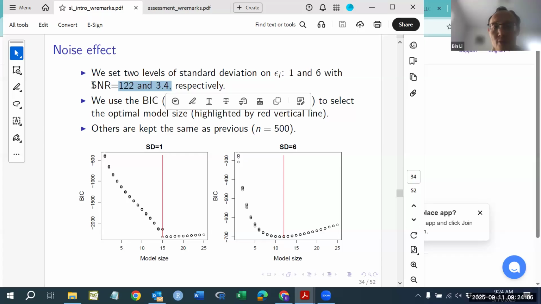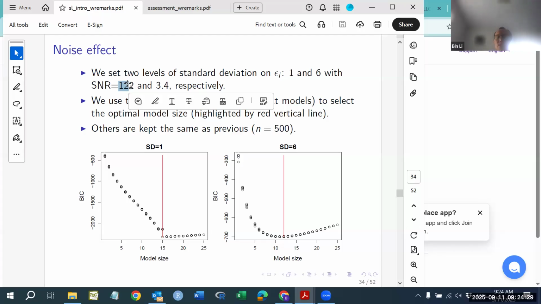So the larger the SNR, the higher the data quality. And that's obvious, right? Because the noise has low variance compared to the signal. That means we have good quality data because the noise has only small variance compared to the signals. So we can easily identify the signals.